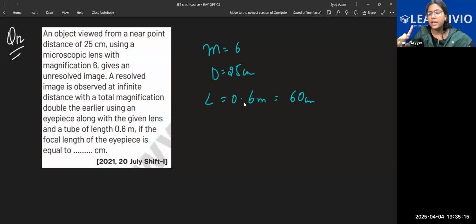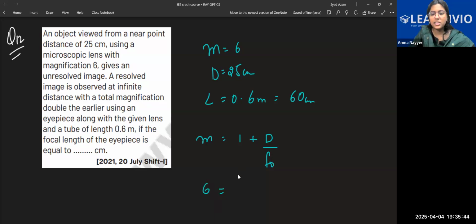Now see, we have to first find out what's the focal length of the objective lens. That is also not mentioned in the question. So simply we are going to use the magnification formula for the microscope. So magnification is 1 plus D by f naught. Rest of the things are present. D is already given and you already know D, that is 25 centimeter. Even if D is not mentioned, you have to take this as 25 centimeters.